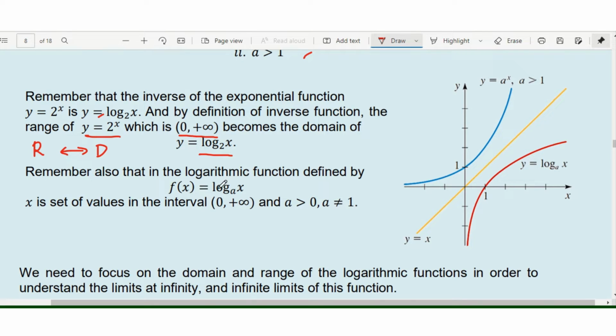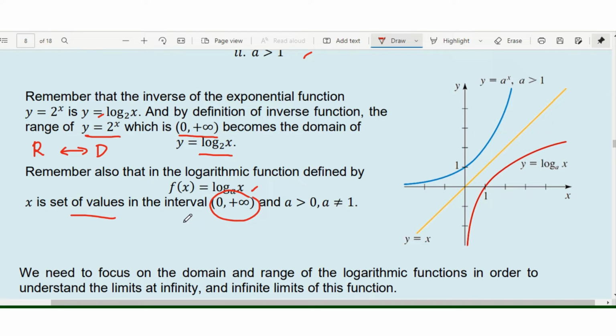Now remember also that in the logarithmic function defined by f of x equals logarithm of x base a, x here is a set of input values from the interval 0 to positive infinity, or simply all positive real numbers.